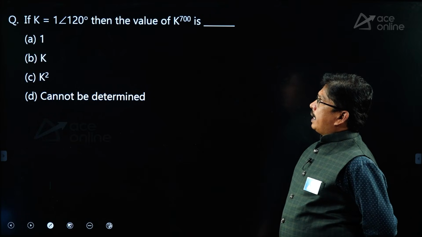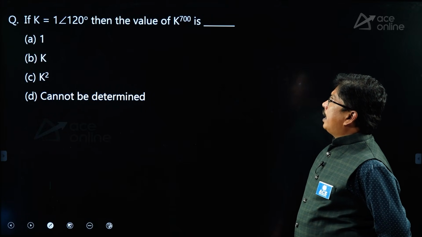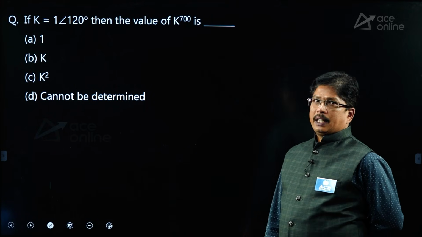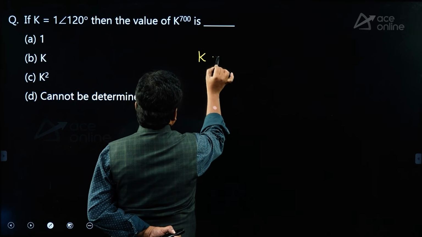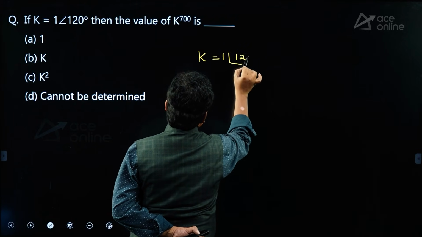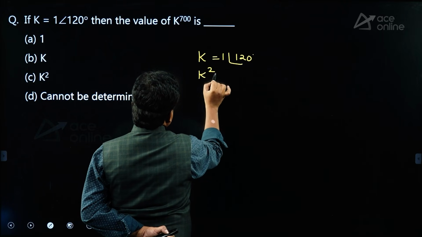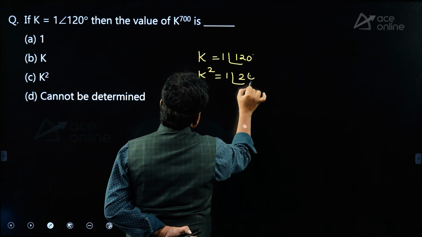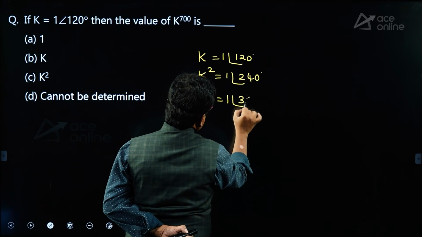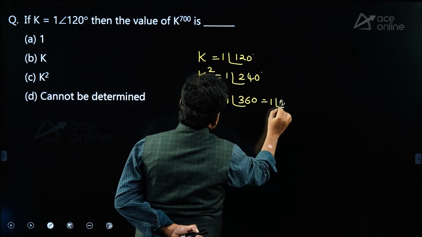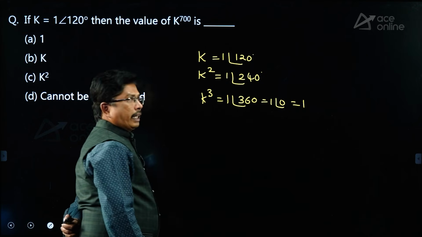When K is equivalent to 1 at an angle of 120, the value of K power 700 is, students: K is 1 at an angle of 120, K square is 1 at an angle of 240, K cube is 1 at an angle of 360, which is 1 at an angle of 0, that means 1. K cube will be 1.